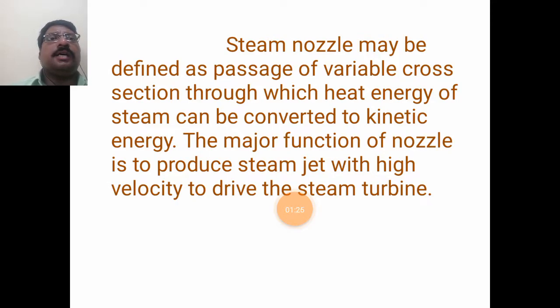So this is the function of the steam nozzle. The major function of steam nozzle is to produce steam jet with high velocity to drive the steam turbine. To drive the steam turbine blades, a high jet of steam has to be passed to the turbine. That is provided by means of this steam nozzle.